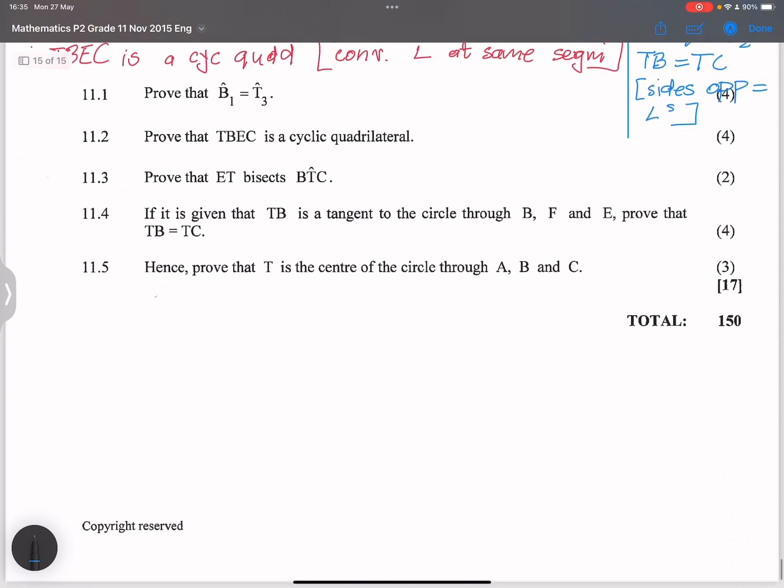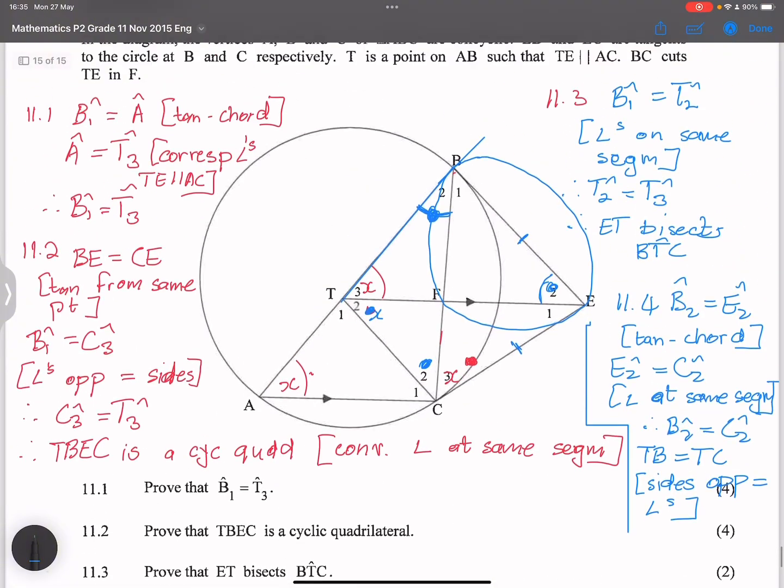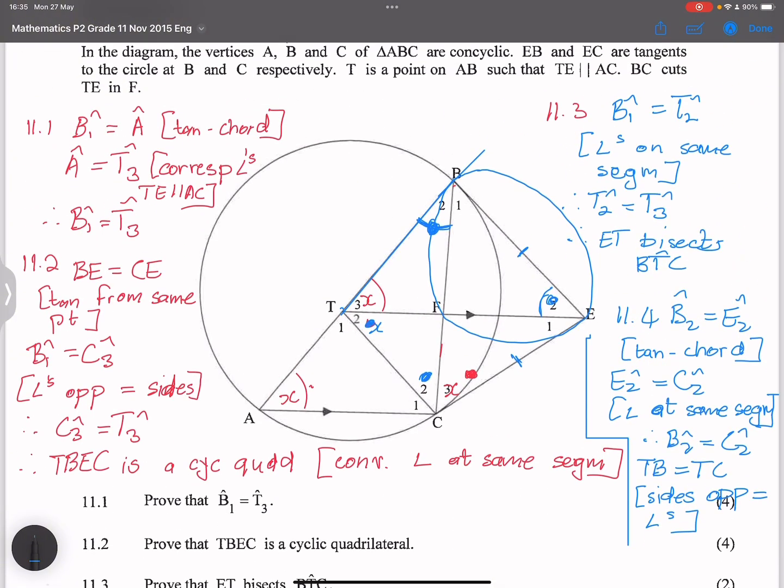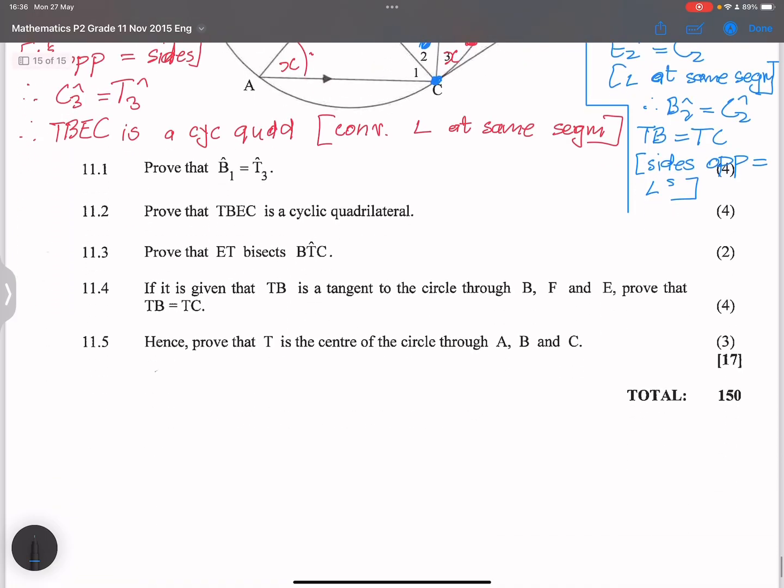Now they say to us, hence prove that T is the center of the circle through A, B, and C. Now this becomes really easy, right? If we move from T and we go to the circumference B, and we move from T and we go to the circumference C, we've just proven that those two sides are equal, so therefore they must be radii, right? They are from a certain point in the circle to the circumference, so therefore it means that T must be the center.